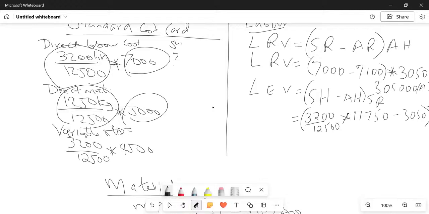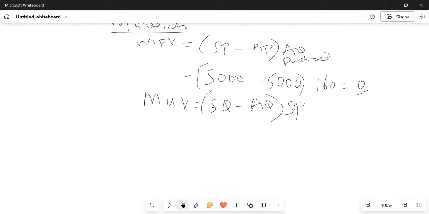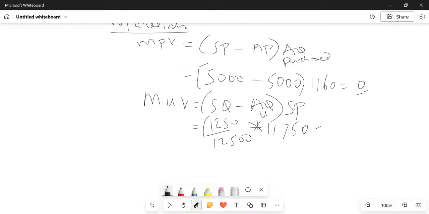So the standard quantity is 1250 over 12,500, but times actual production. Actual production, you told me that you were able to do how many kilometers? We actually did 11,750. Do we have the actual quantity of materials used? 1160. Do we know the standard price per kilogram? 5,000.